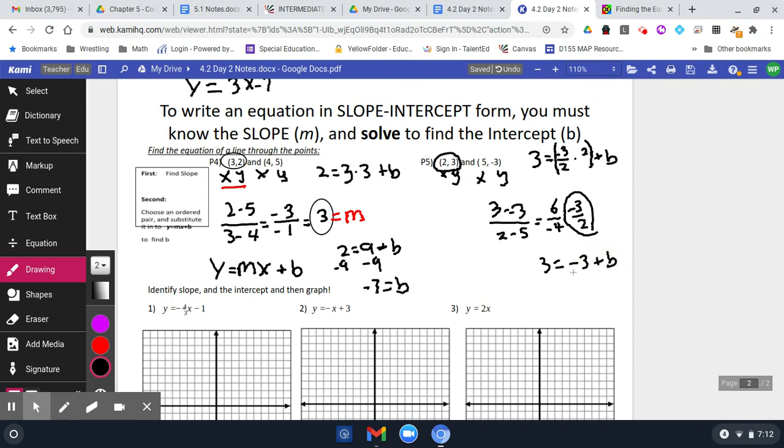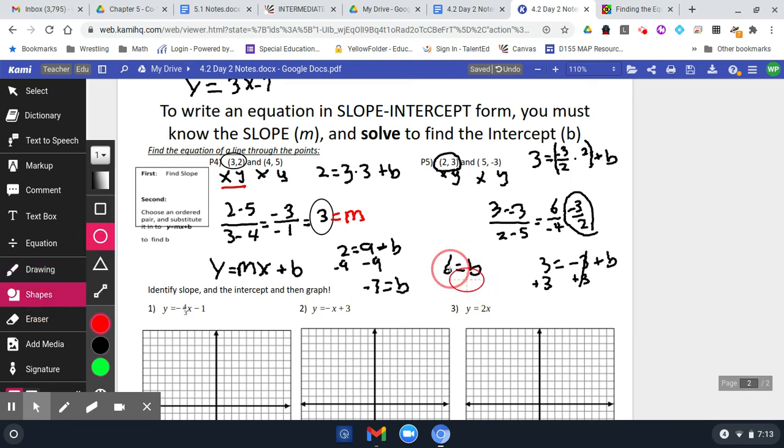I hope I did that right in my head. So if I didn't, then you guys will correct me on your calculator. Then I have to bring this 3 to the other side. So plus 3. Plus 3. And you get 6 equals b. And again, this is what we're going to be doing all next week.